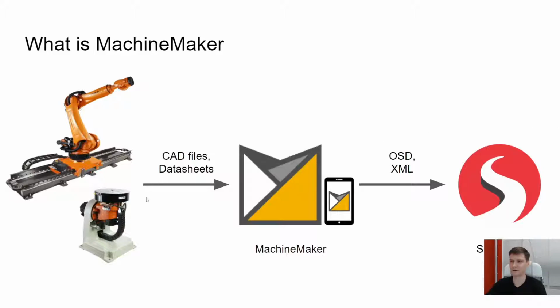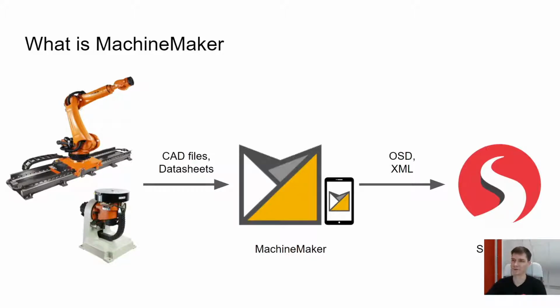MachineMaker converts CAD files to SprutCAM OSD format, generates an XML file descriptor, and makes a preview image. MachineMaker is free in SprutCAM 15 and is available with any license.